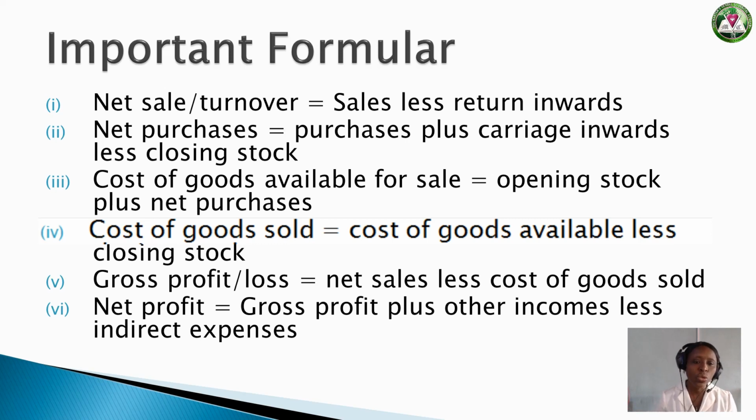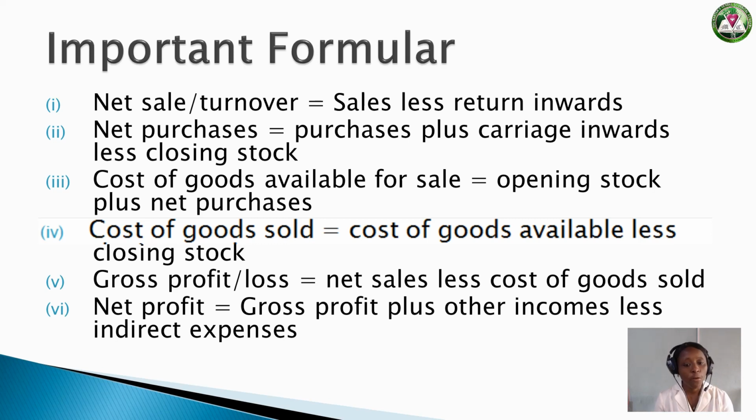Then cost of goods available for sale. That is the total worth of goods you have to sell. How do you determine it? It is opening stock plus net purchase. If you check what we did, you will see the formula I'm giving you. I just want to write out the formula for easy determination.